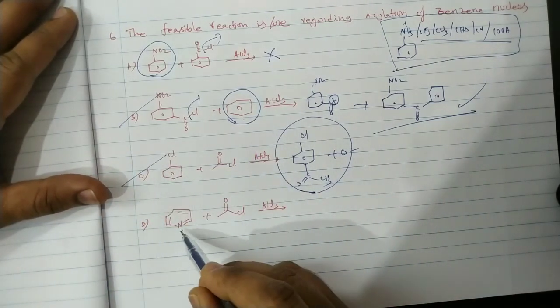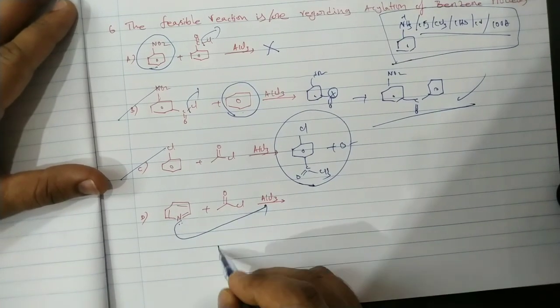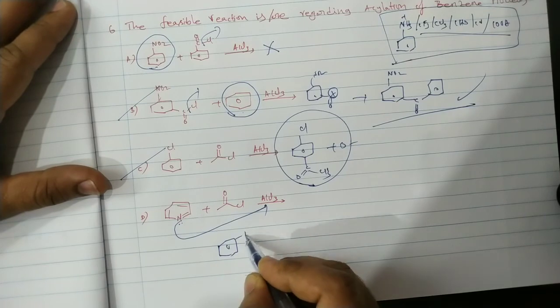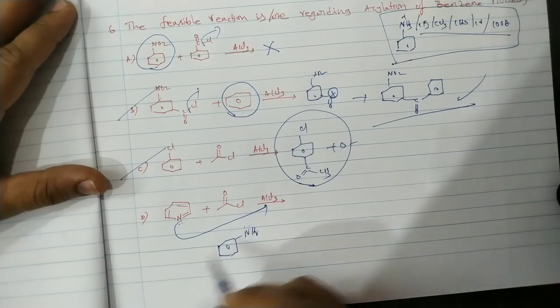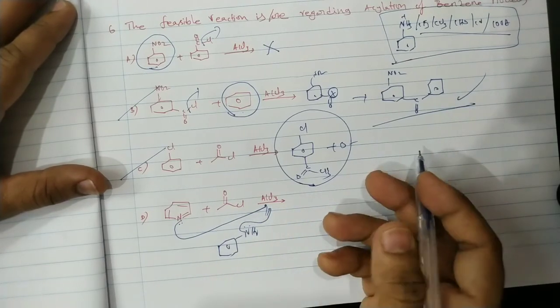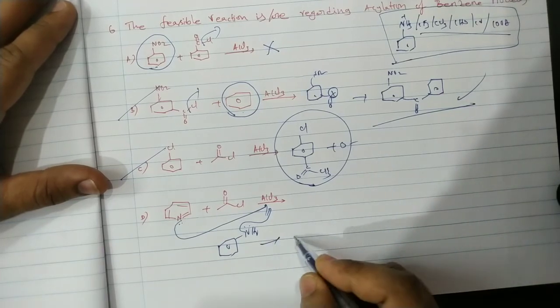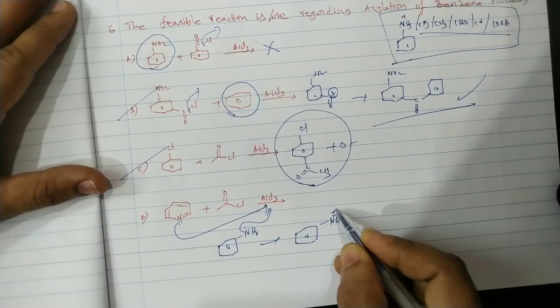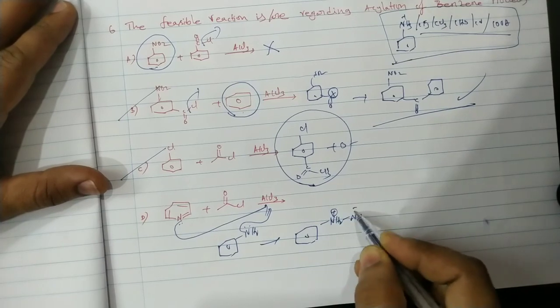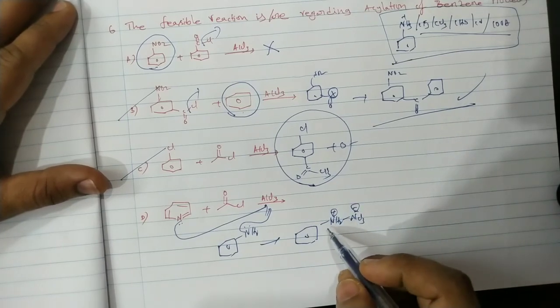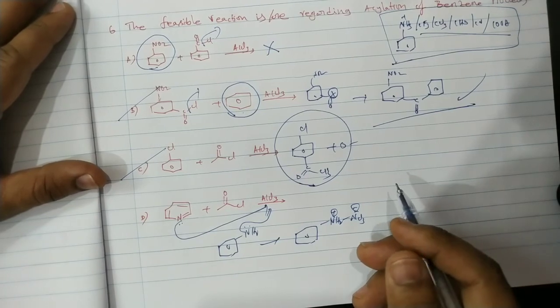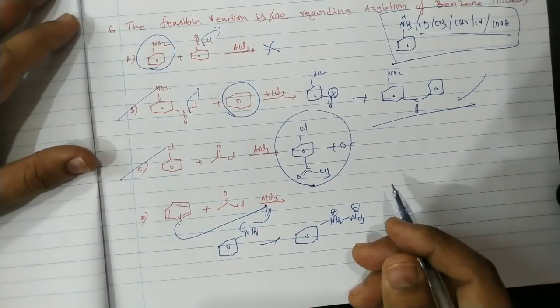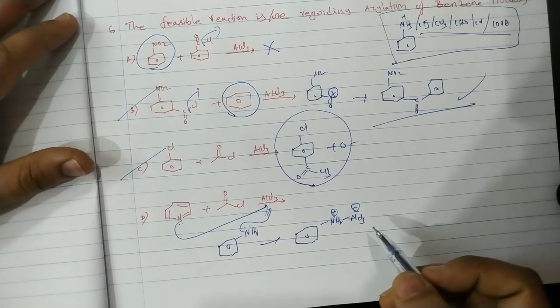Now here in this case, pyridine in Friedel-Crafts acylation is not involved. You know that aniline is not involved in the Friedel-Crafts alkylation and acylation because of the Lewis acid base complex formation. By Lewis acid base complex formation, that becomes NH2 plus AlCl3 minus. That means the nitrogen becomes a positively charged nitrogen, so it is a strong electron withdrawing group. That's why no further reaction.